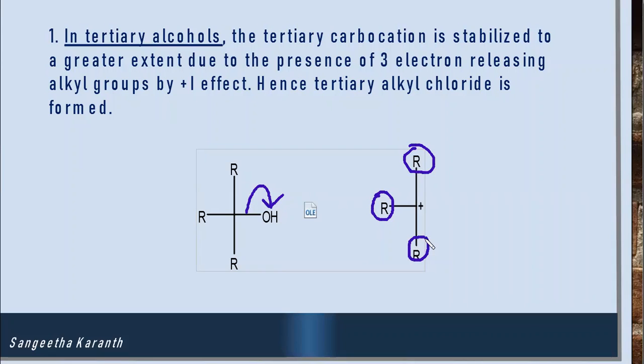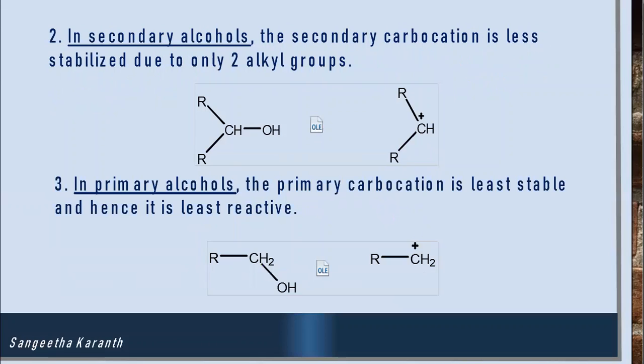So due to the 3 electron releasing alkyl groups, this carbocation is more stable, or it is easily formed during this reaction. Because of this, the tertiary carbocation is more easily formed, and hence tertiary alkyl chloride is easily formed. So the turbidity is observed immediately.